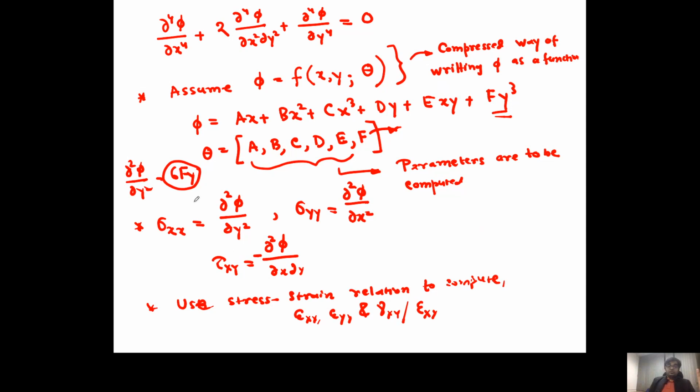Okay. So the second step is represent sigma xx in terms of the assumed phi. Step 3 is represent the strains in terms of sigma xx, sigma yy, and the other stress components. And these stress components are represented in terms of phi. So epsilons are also represented in terms of phi.